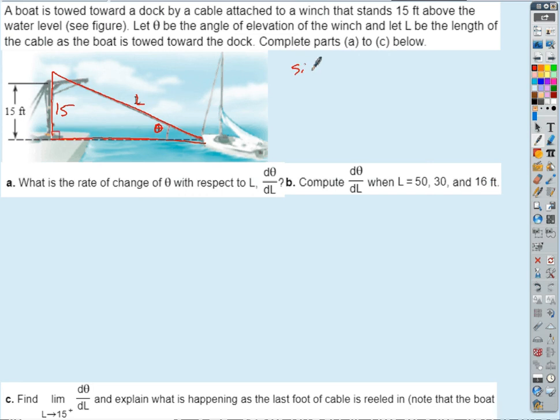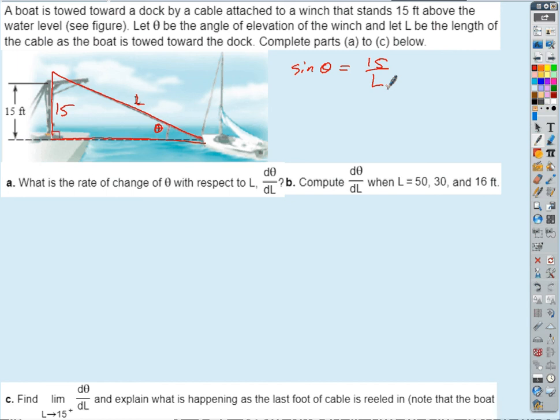We know sine theta equals opposite over hypotenuse, right? Equals 15 over L. Okay? That's good. Look, we've got an equation there that involves thetas and L's, and now because we have the ability to differentiate implicitly, if I want to get d theta dL, what am I going to differentiate everything with respect to up here?